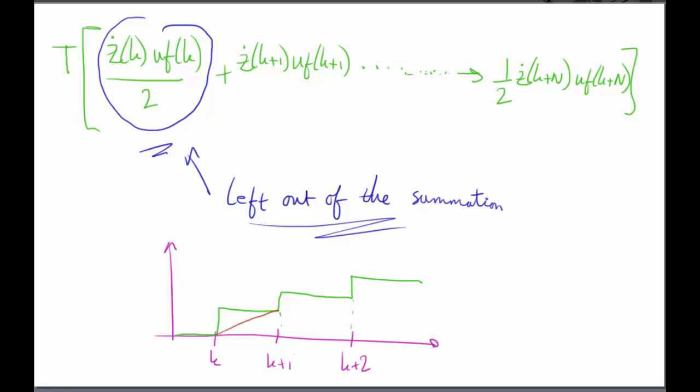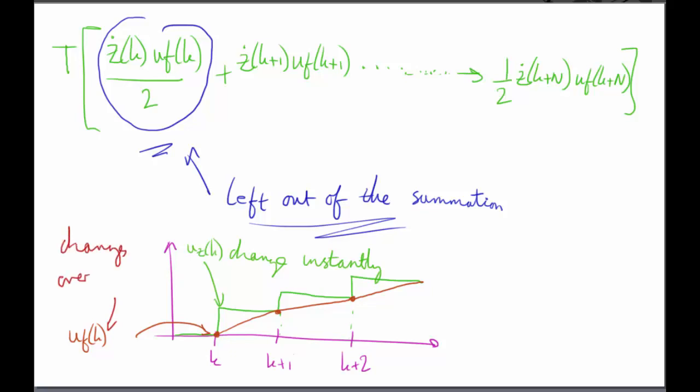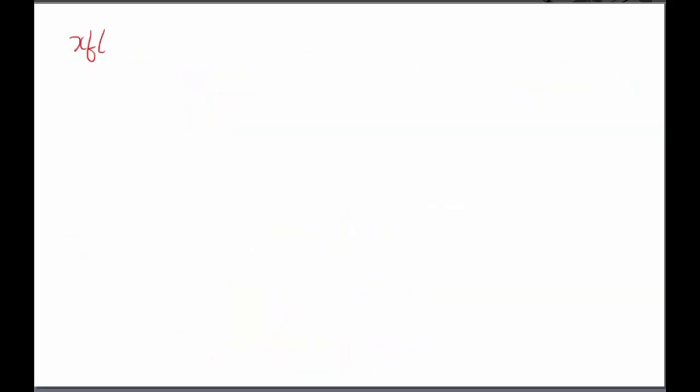In the zero order hold method, you're calculating u of k, which is the instantaneous movement at that k value, which is right here. But the uf of k value is just a change of going from uf of k to uf of k plus 1. So it's not instantaneously changing, so that's not the value you're calculating.